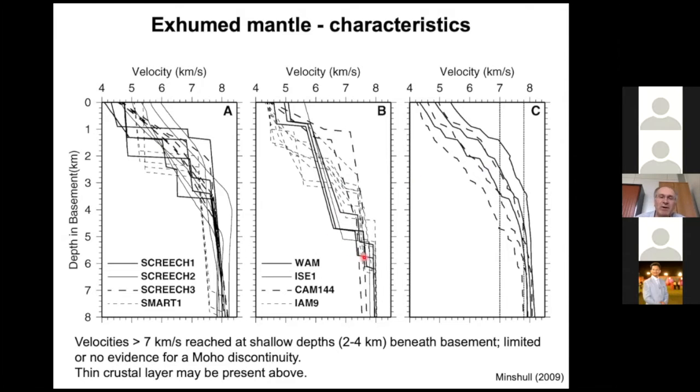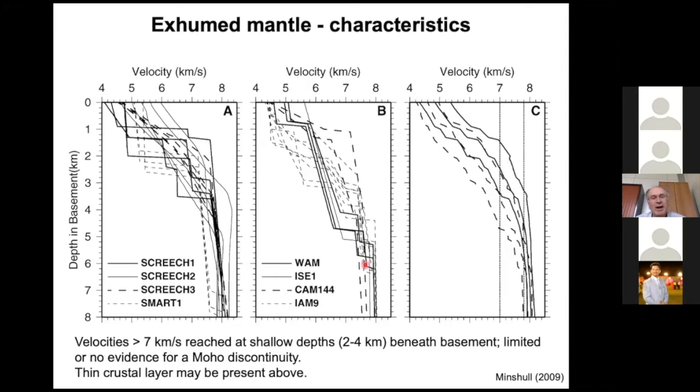A lot of these profiles have a little discontinuity in the velocity model. That's just to do with the way the velocity model has been parameterized. And in most cases, there isn't any evidence for a wide-angle reflection from that discontinuity. So these are areas where we think that there's essentially direct contact between the mantle and sediments.